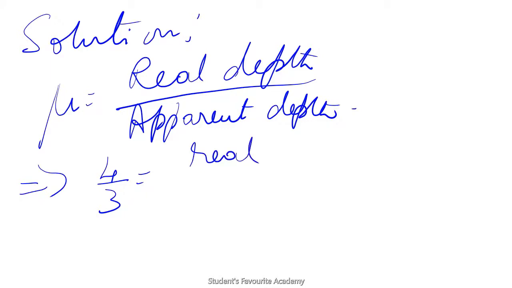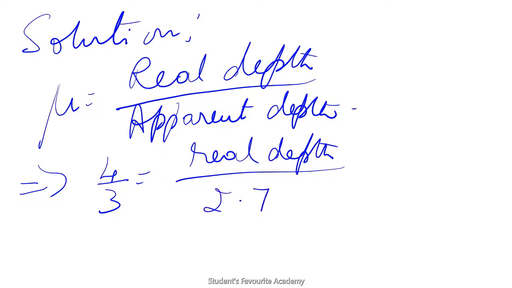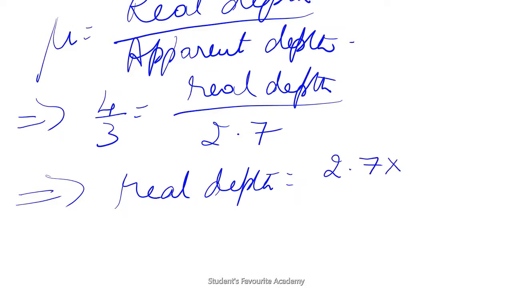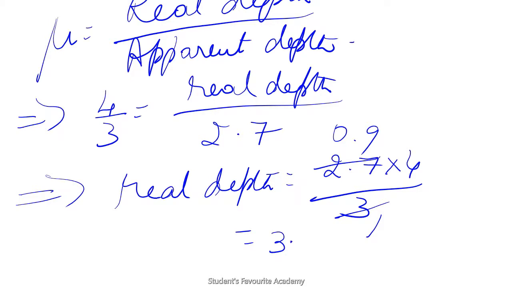Real depth we don't know, but the pond appears to be 2.7 meter deep, means apparent depth is 2.7. So real depth is equal to 2.7 into 4 upon 3. Real depth is 3.6 meter.